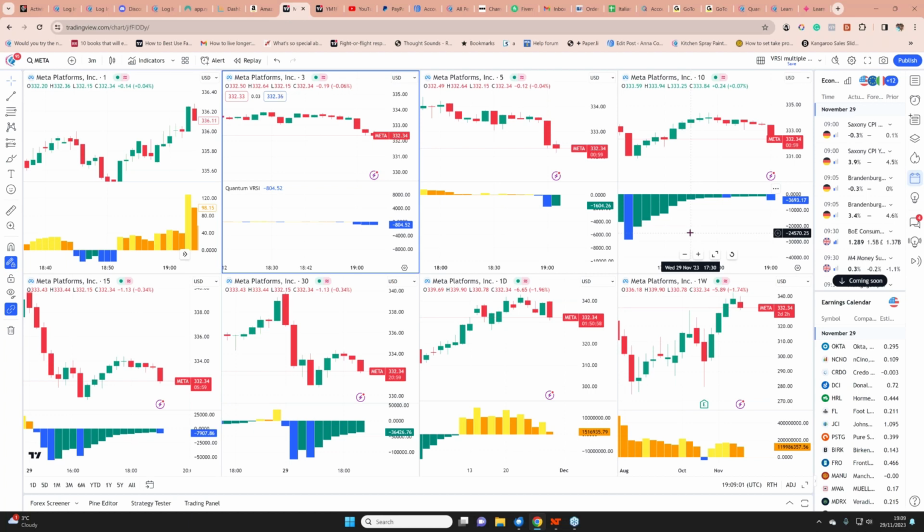In other words, are we going from primary to primary, or is it simply primary with a secondary pullback and we expect the primary to be re-established? If you can answer that question with any degree of confidence, then that is going to help you hugely to stay in positions and stop you panicking and making that emotional exit when you're taking your profit off the table, because you've maybe had 2 or 3 losses and finally you've got a winning position and you don't want to lose it.